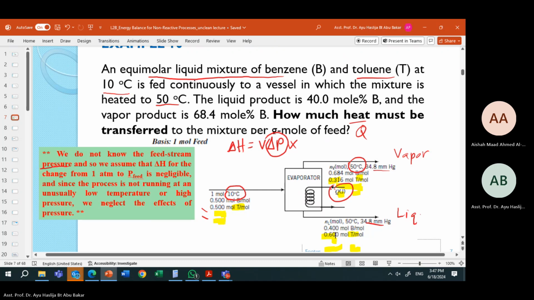Because later on, your Q will be equal to delta H dot. This H dot is equivalent to N dot multiplied by this one. But this N dot for the outlet is not given, so we need to find it first. You are only given the inlet flow rate.